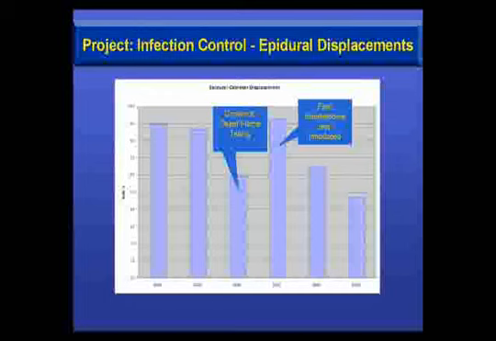So we had educated all our providers, let them know that we needed to dry the area, not just put the tape on while it was still wet. And I think, again, we were able to reduce our rate of displacements, and hopefully once we get the information from 2010 back, I can show you that we're still down lower and that that was a real meaningful and significant change to our practice.